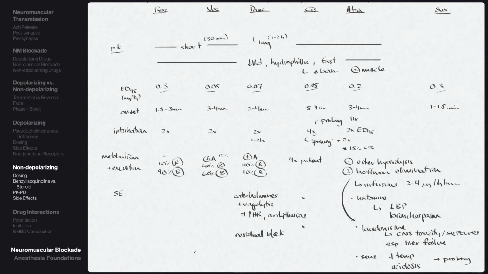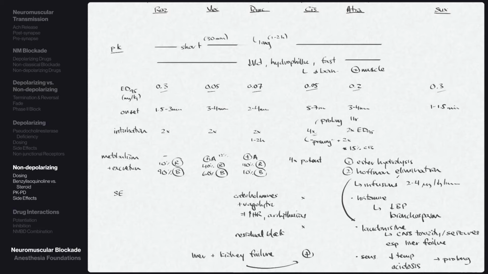And so in both liver failure and kidney failure, we may end up having a little bit of variability, potentially a long, prolonged duration of action with some of our drugs, which may lead us to use instead cisatracurium, where we know that it's independent of liver failure and kidney failure and will have ester hydrolysis and Hofmann elimination.